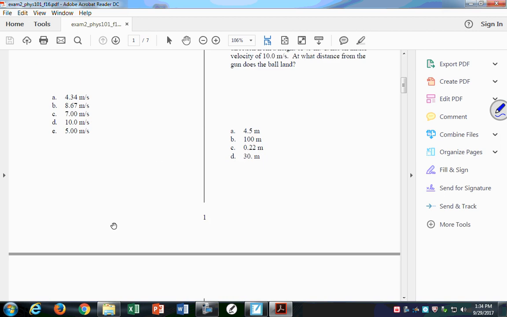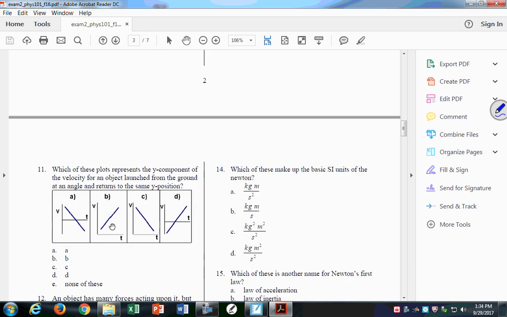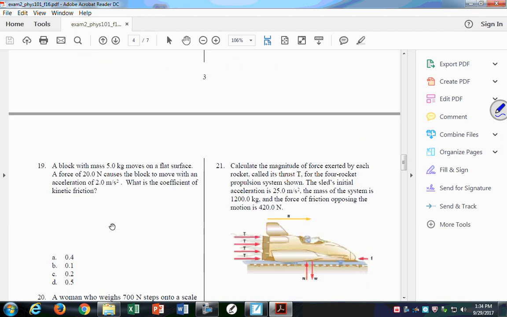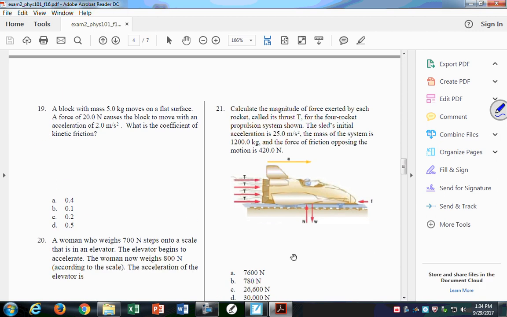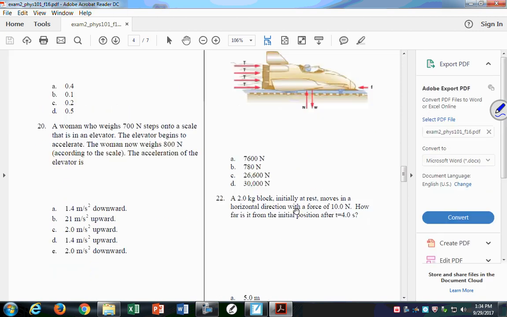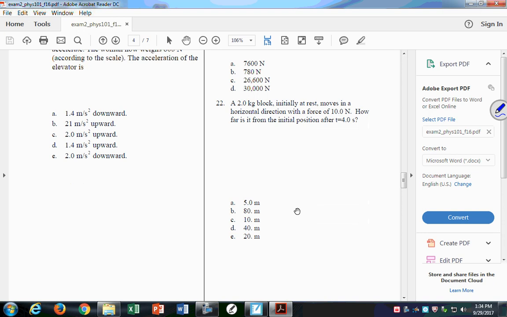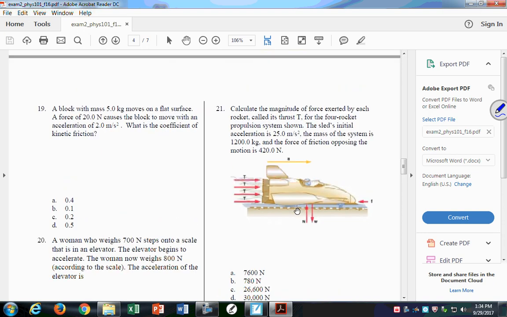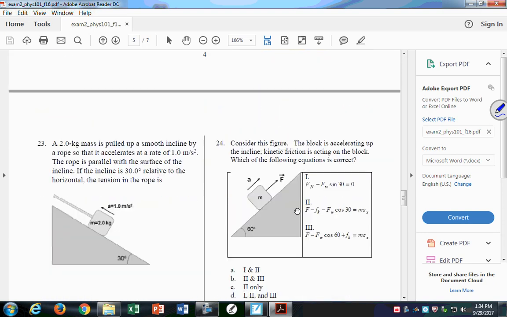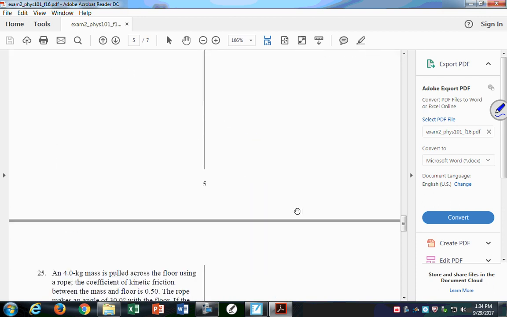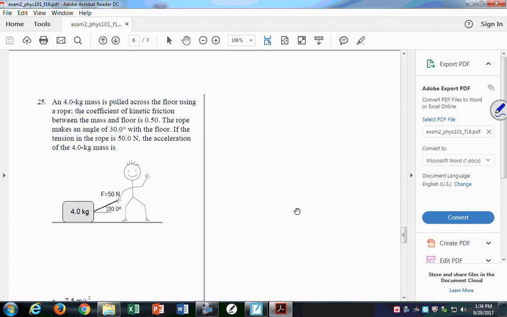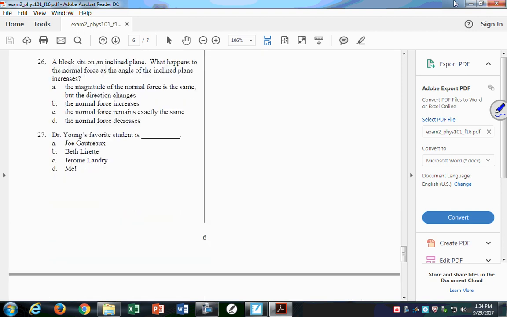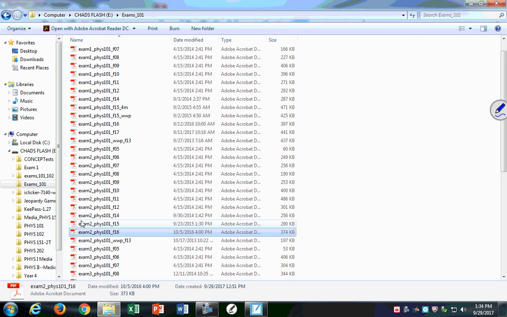Oh look, there's the one from your test. That's a good question, don't you think? Friction. This one isn't good. Let's pull up another. Those are good questions, I just didn't have an inclined plane with friction on it. That's what I'm looking for.